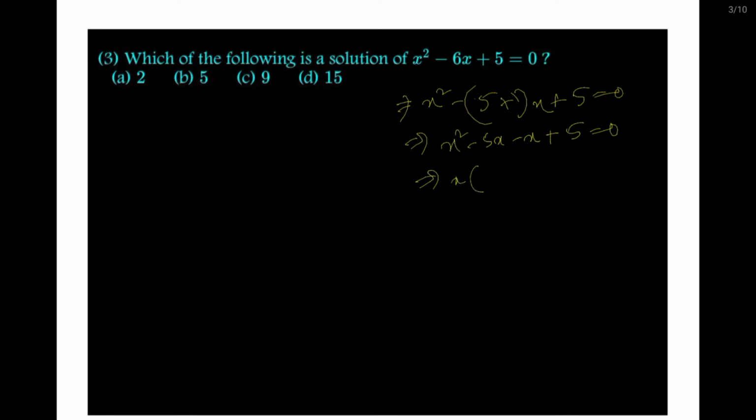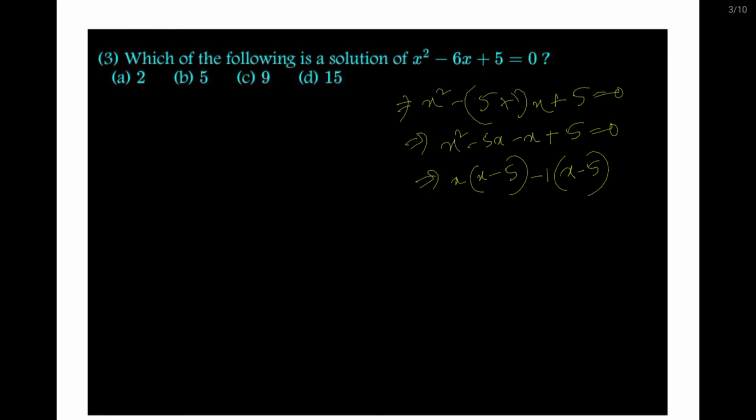If we take x as common out, then remaining will be x minus 5, and if we take only 1 as common out, then we'll get minus 1 with x minus 5. This minus and minus when multiplied will become plus.